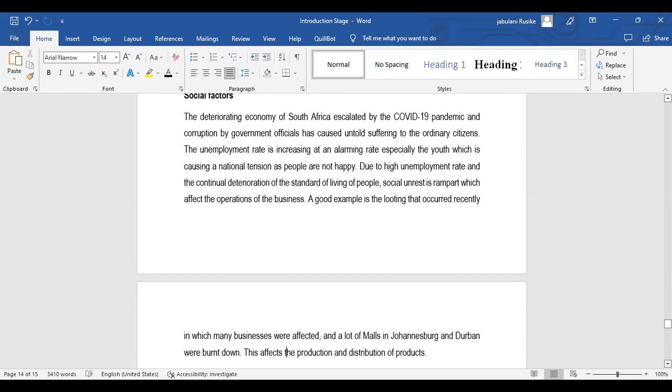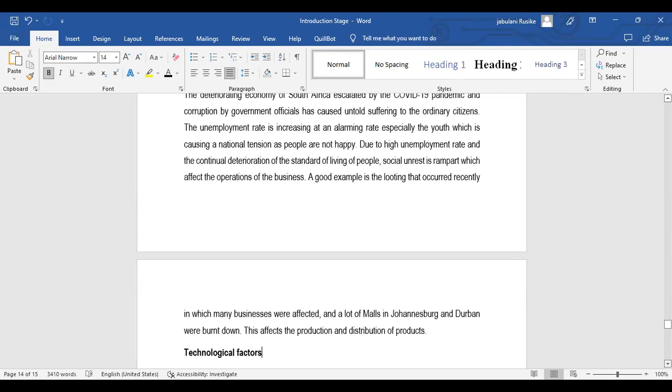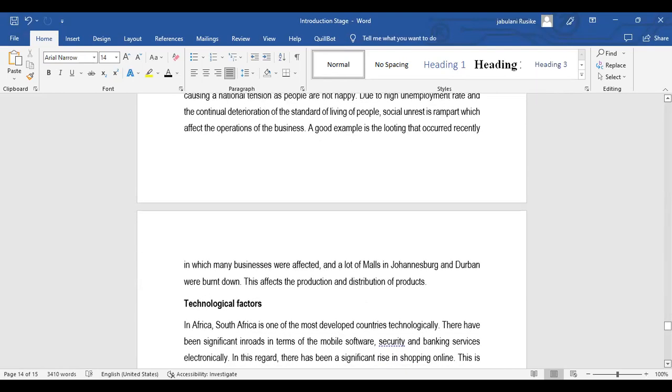So it's a social setup, which then affects the organization, because the organization has to ensure that they maybe raise salaries for their employees or maybe they have to deal with social unrest. For instance, an example of social unrest is the looting. Remember the looting that happened both in Joburg and in Durban, and many of these organizations, some of them were even destroyed.